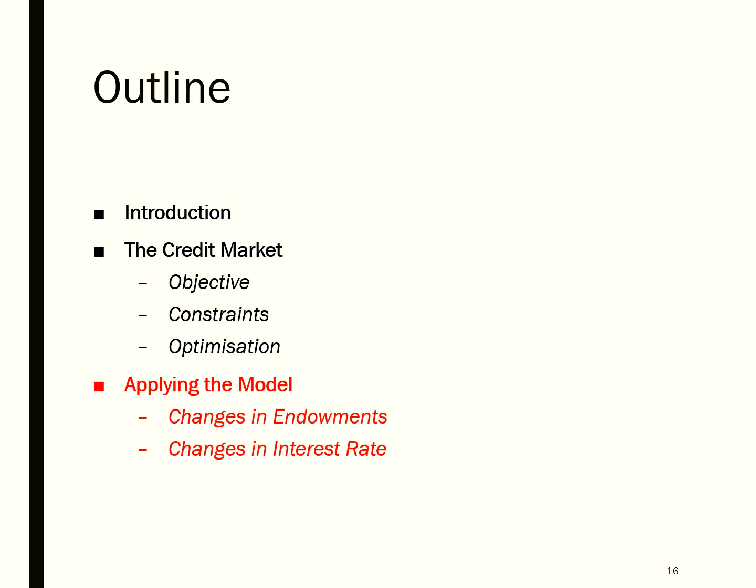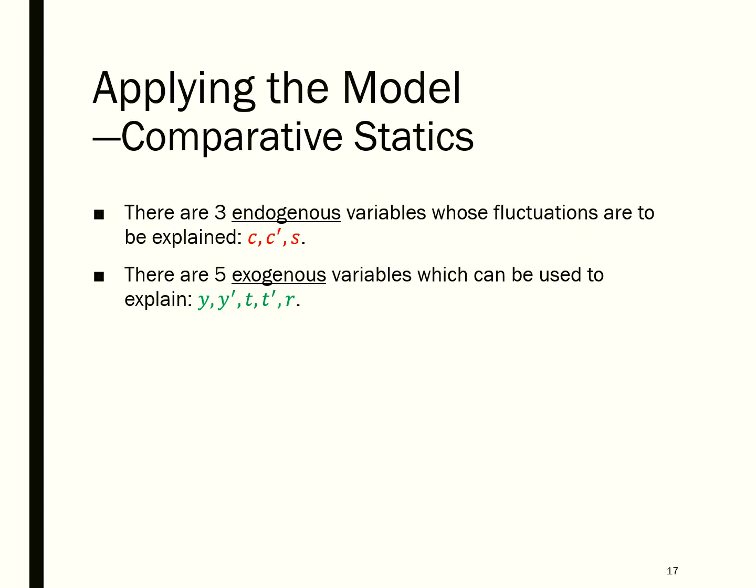Note that there are 3 endogenous variables whose fluctuations are to be explained: current consumption C, future consumption C prime, and savings S. There are 5 exogenous variables which can be used to explain the endogenous variables. They are current endowment Y, future endowment Y prime, current tax T, future tax T prime, and the interest rate R. To explain business cycles of endogenous variables, we need to use changes in exogenous variables.